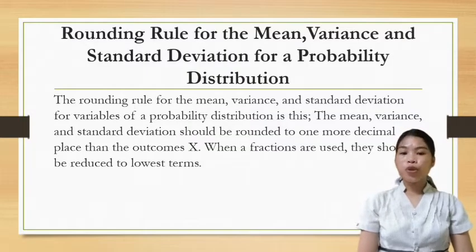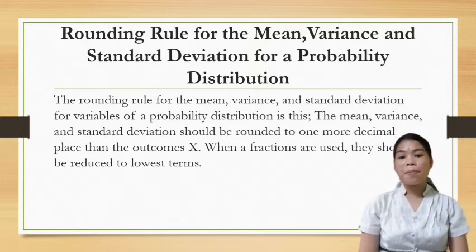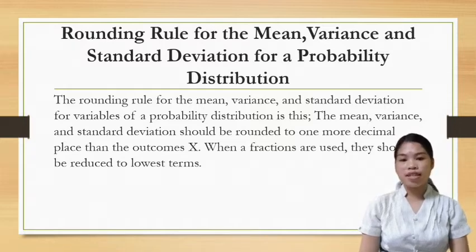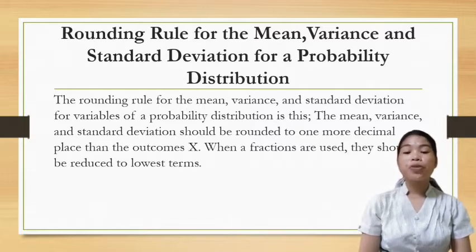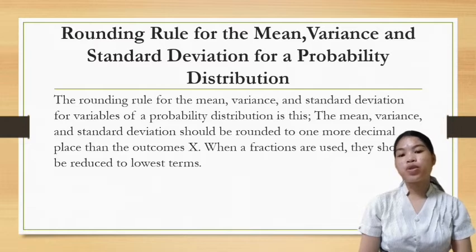Now, the rounding rule for the mean, variance, and standard deviation for variables of a probability distribution is this: the mean, variance, and standard deviation should be rounded to one more decimal place than the outcome x. When fractions are used, they should be reduced to lowest terms.